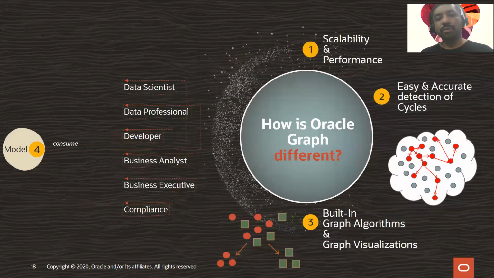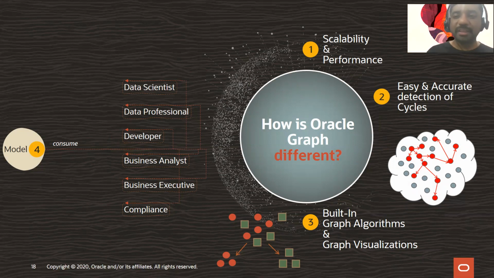How is Oracle Graph different? Oracle Graph has been proven to run with billions of edges with highly scalable graph databases and the performance limits as well. It's very easy to write the queries to run algorithms on top of your massive financial transaction data set and then visualize it on screen using the graph.